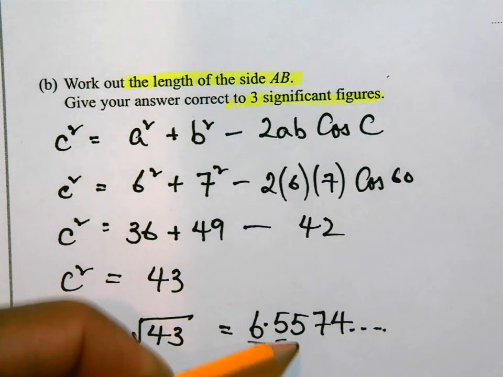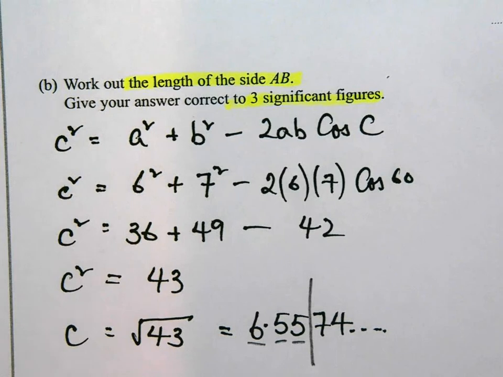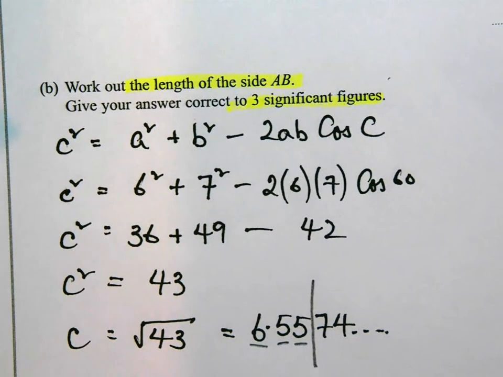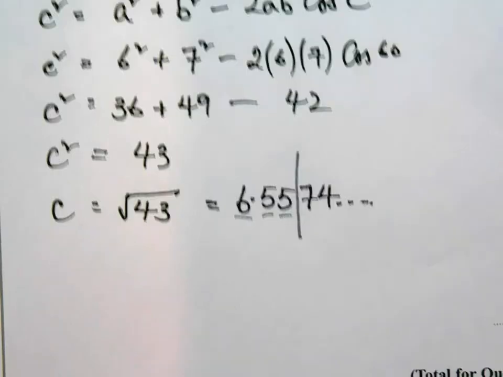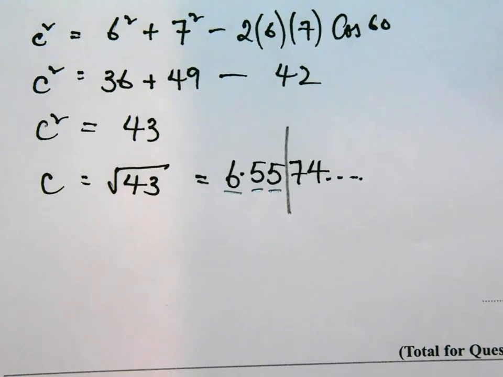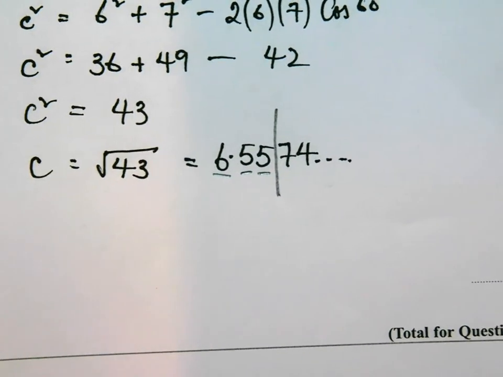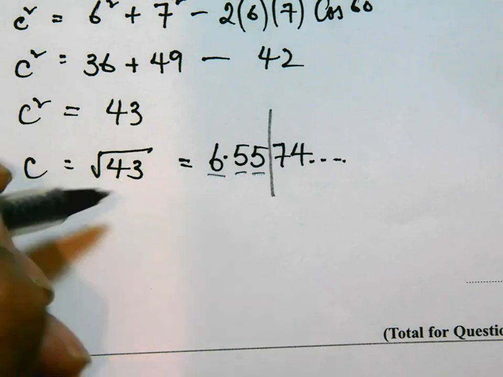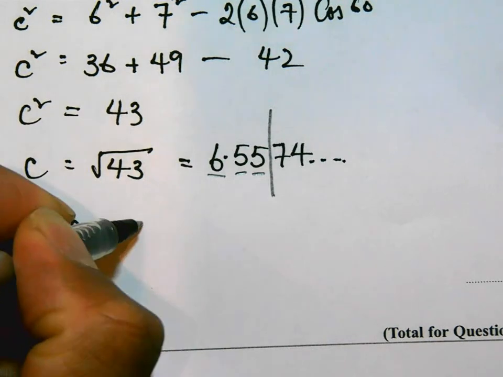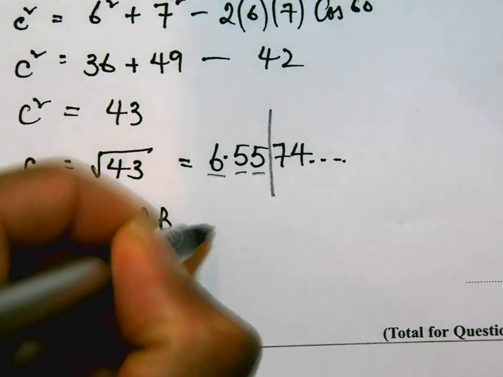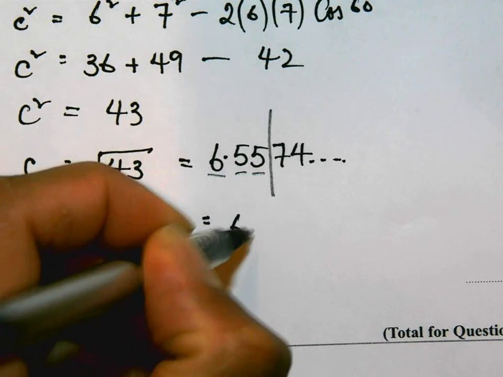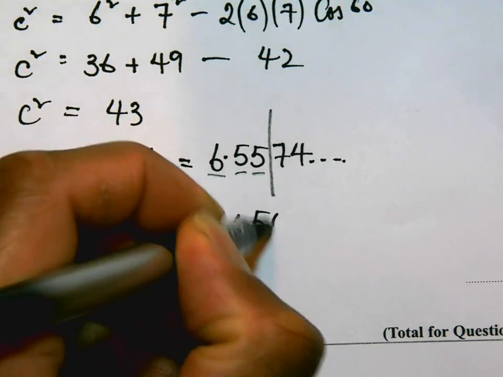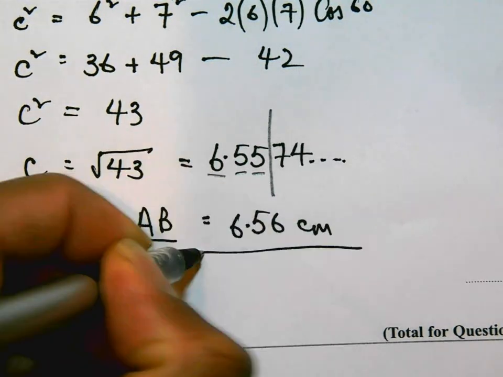The 4th number through is a 7, so that means when I round it to 3 significant figures, my value for c, which is the length AB in the triangle, is 6.56 centimeters, and that's what I write in my answer space, and that is my final result.